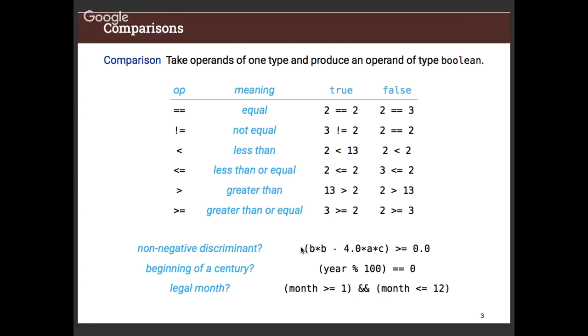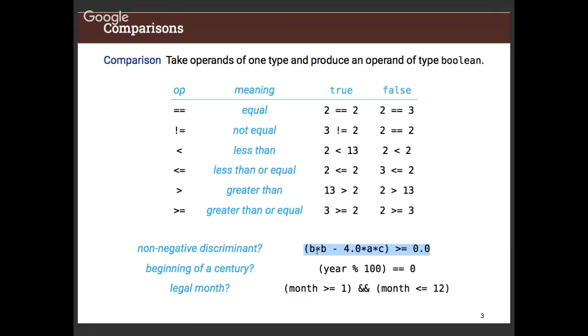So, for example, let's say we're calculating quadratic roots like we did on Monday, and I want a Boolean to tell me whether what will be under the square root sign is positive, or at least non-negative, because if it's not, I can't take the square root. So I want the discriminant to be non-negative.